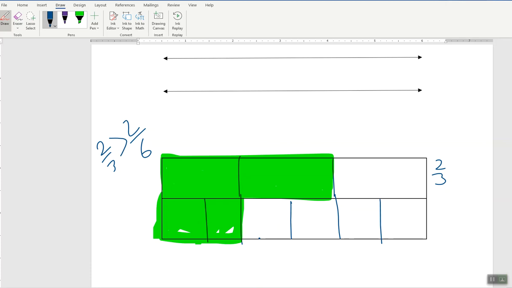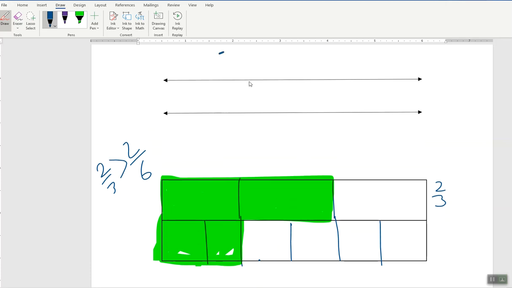How would we do that on a number line? Let's do one we already know now. Let's do this one and do it on a number line. So we both need to be from 0 to 1. Same idea, the number lines have to be the same distance. So 2/3 and 2/6. So I have 0 thirds, 1 third, 2 thirds, 3 thirds.